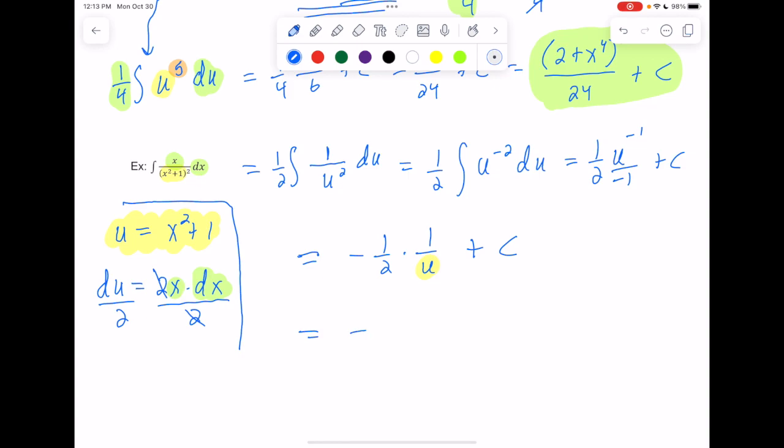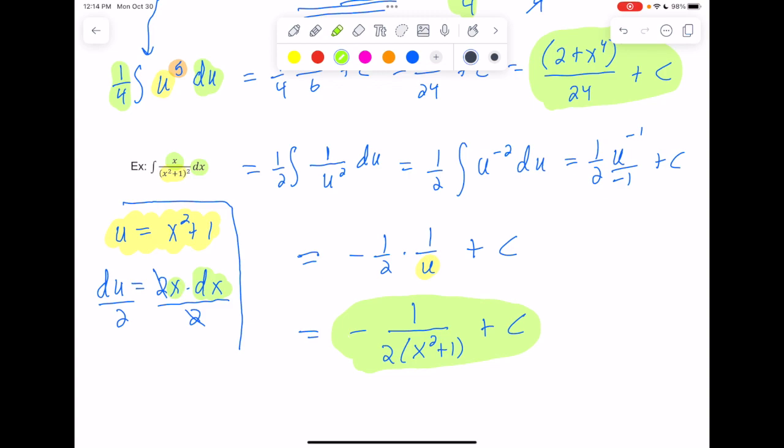So I have -1 over 2 times u, but u is x squared plus 1. Sorry, said the right thing, wrote the wrong thing. x squared plus 1 plus c. And there's our final answer to this one. I'm just going to highlight it. I'll leave it up to you to check this one if you want to with the derivative.